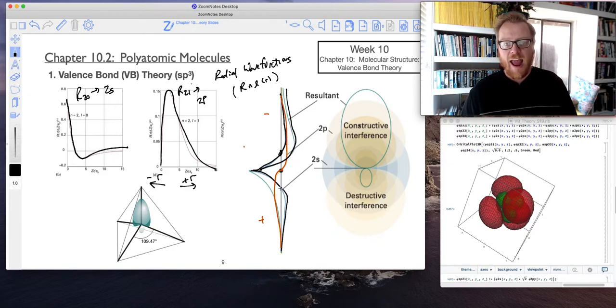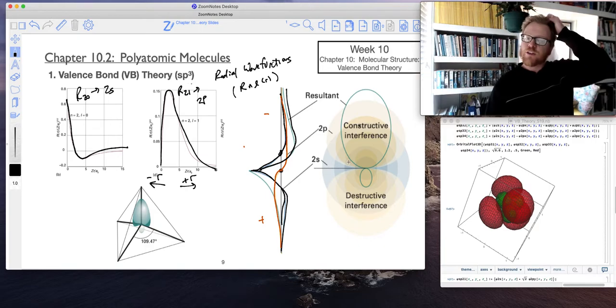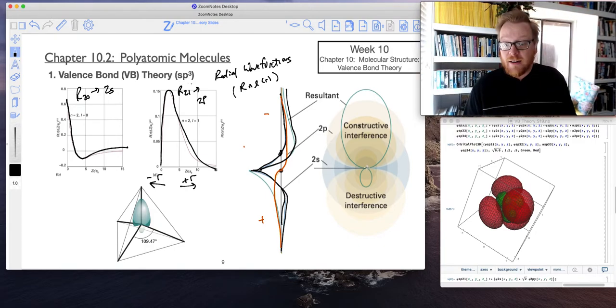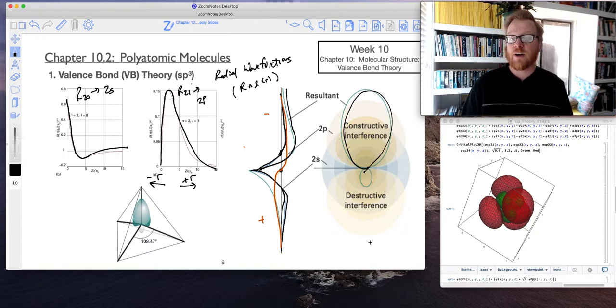And on this side of the axis, they're on opposite sides, and so the result is destructive interference, which is a much smaller curve that's drawn there. So when you look at those two shapes, you get a really large lobe looking like this, that's all constructive interference, and you get a small lobe that looks like this, that's all destructive interference.